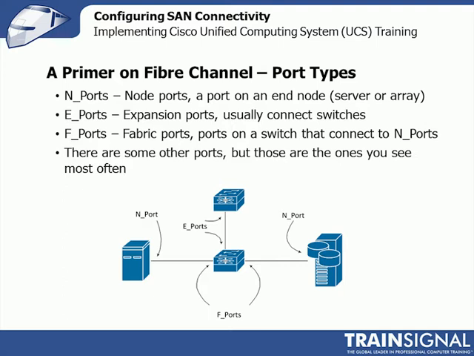Now, I don't usually go in and configure these as an N port on a host or an F port on a switch. It denotes functionality, and normally switches will know. If I connect two switches together, you can look at the interface and you'll see it flip to E port mode. When I connect an end host, you'll see the switch port go to F port. But it's important to understand what the functionality is. And really, I want you to understand the N ports and F ports because that's going to be important here in a second.